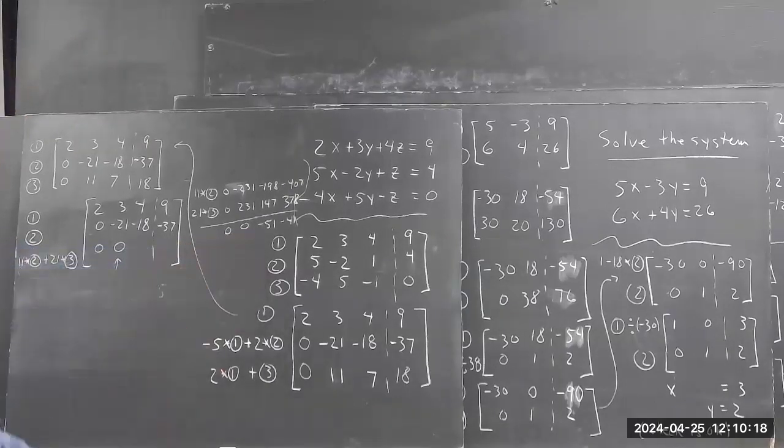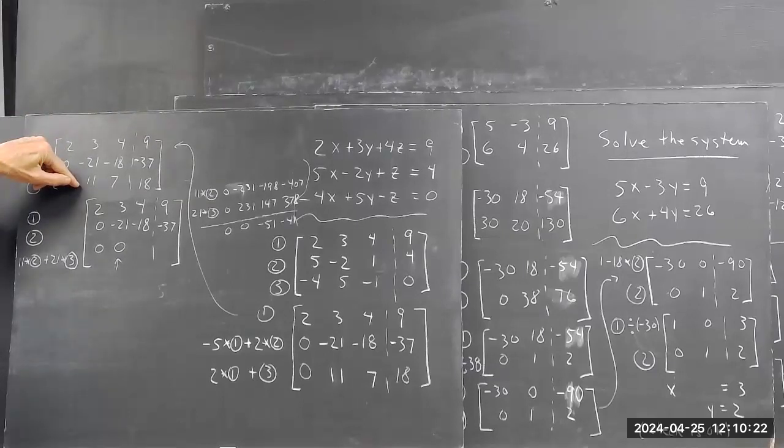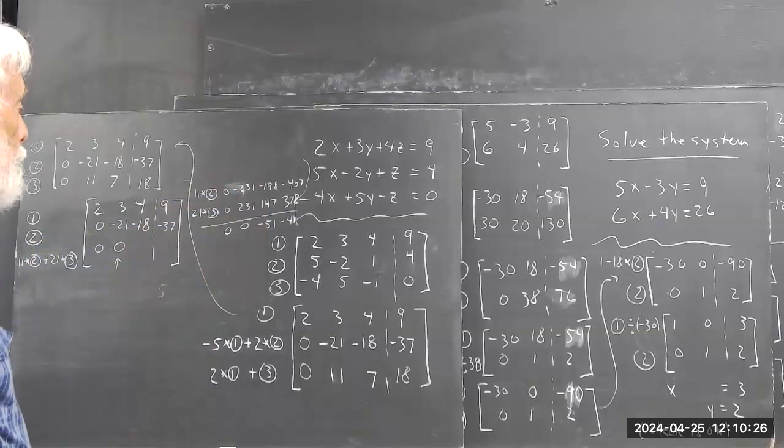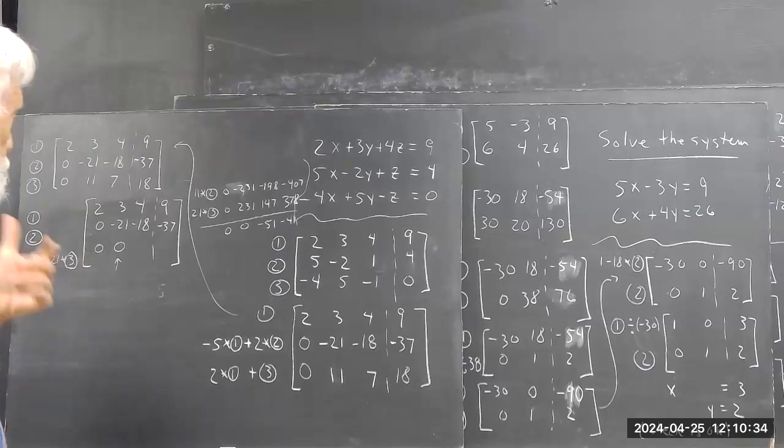That's guaranteed if you multiply this number by 11 and this number by 21. See what the other numbers are. And these numbers should match up just a bit better. I don't know what I did wrong. I'll figure it out in my head, but use your calculator and actually do it yourself.